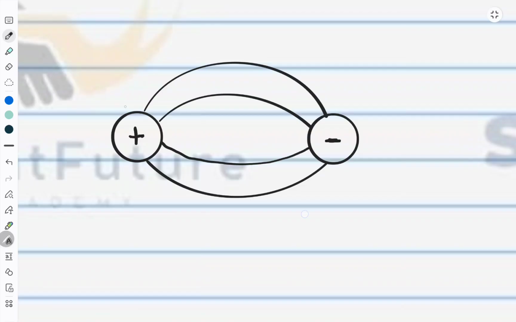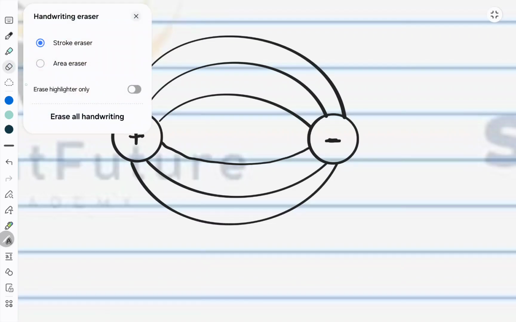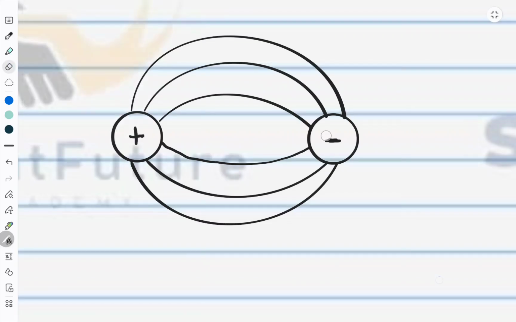All right, let's say I draw maybe 3 of these. Okay, so these must not touch and they must not cross the circle. So what I did there is a bit wrong. They must not cross my circle there.